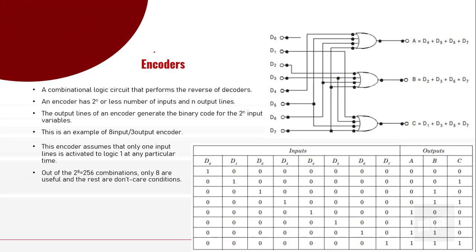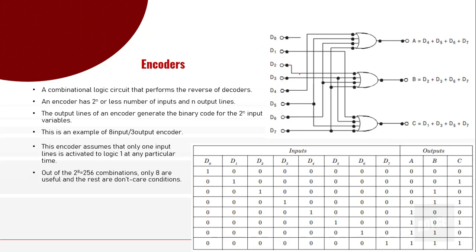Out of these 256 combinations, only 8 are useful, and the rest are don't care conditions for this encoder. So ang daming kasi nitong combinations na magagawa natin, di ba? Biruin mo, that is 8 na input lines. So that will give us 256 input combinations.